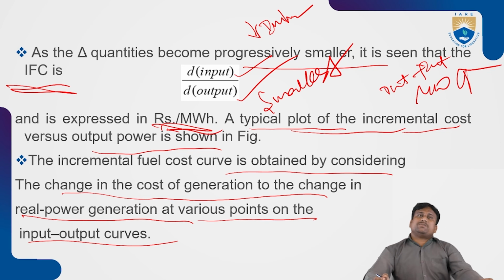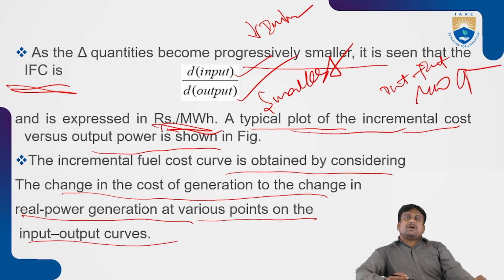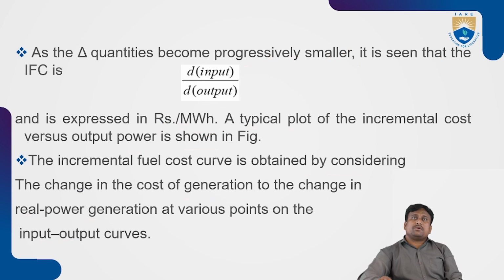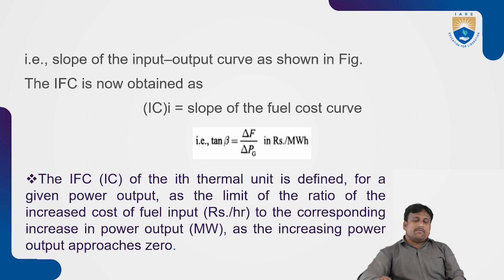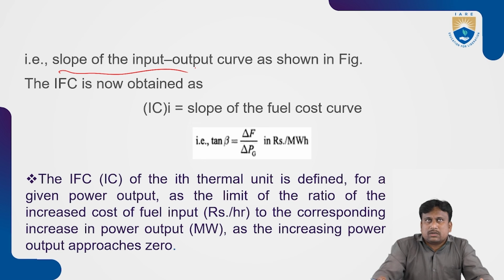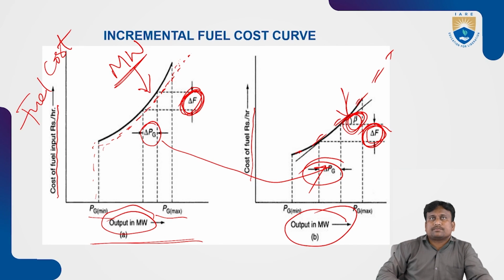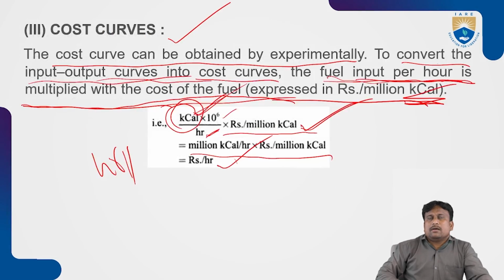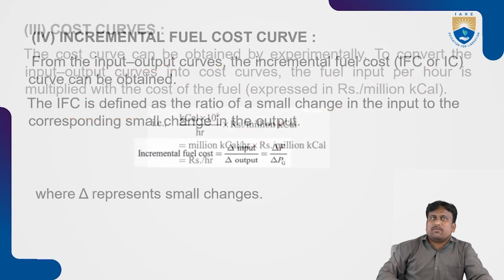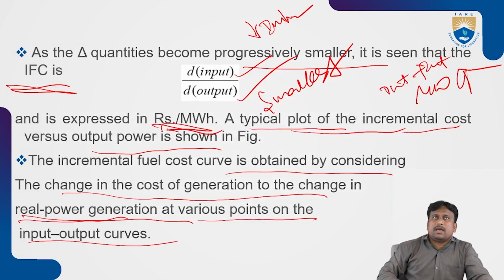So for every change of cost of generation, it will be treated under the real power coefficient and reactive power coefficient. These happen under various input-output curves. When you consider the slope of the input-output curve we showed here, how can we represent it?